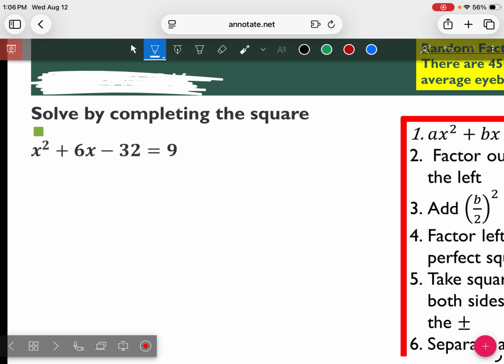So same recipe, different question. Go ahead and copy it down. Again, we're just following the recipe card.